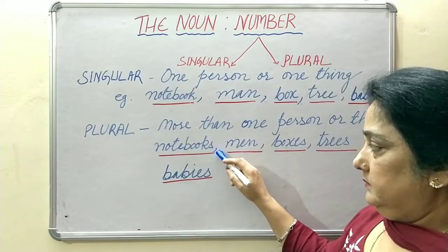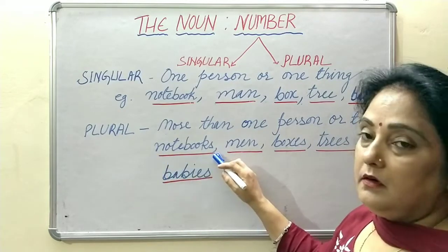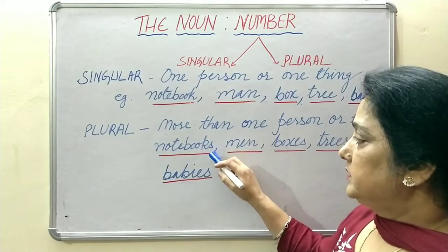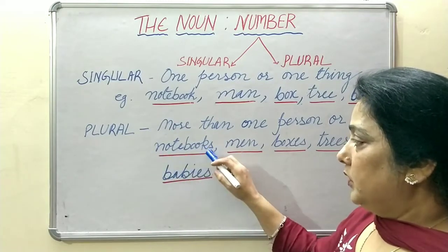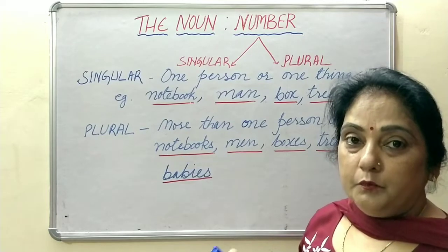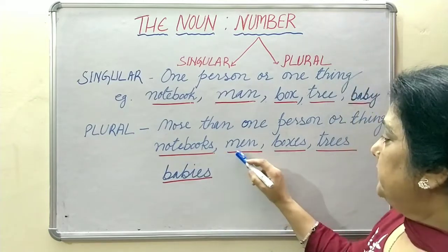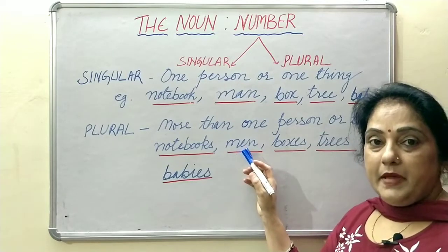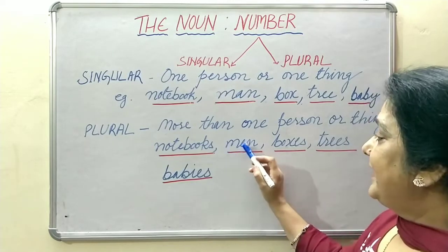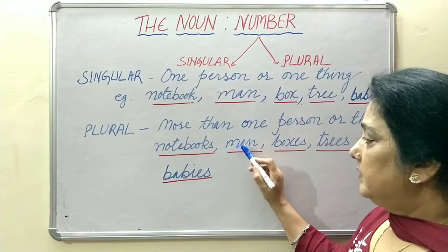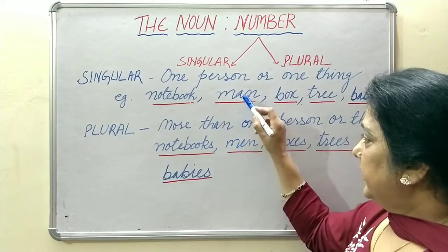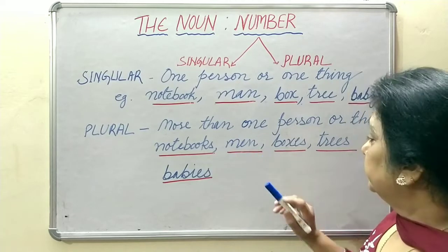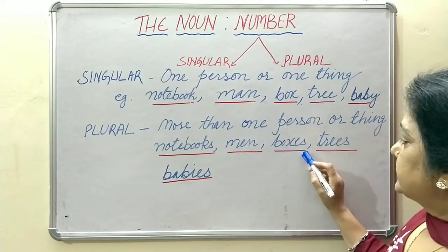Notebooks. Notebooks means more than one book. And we have added S to this notebook to form a plural. Man. The plural of man is men. We have changed A into E to form plural here. Then boxes.